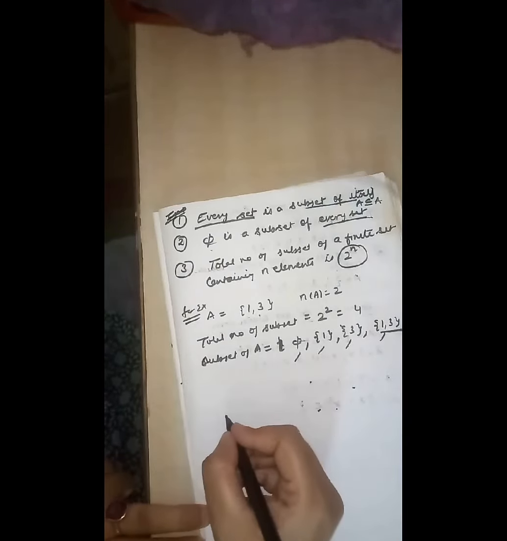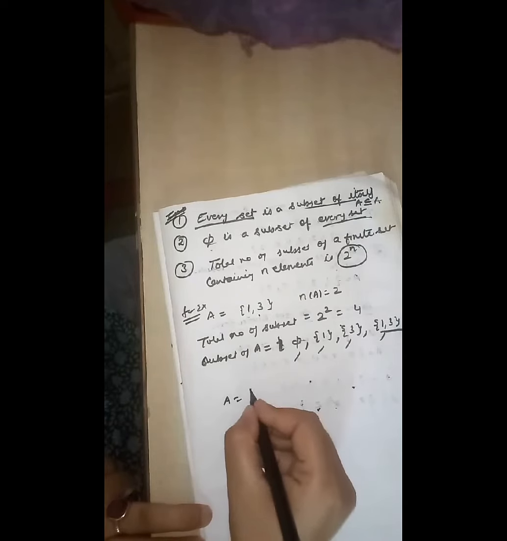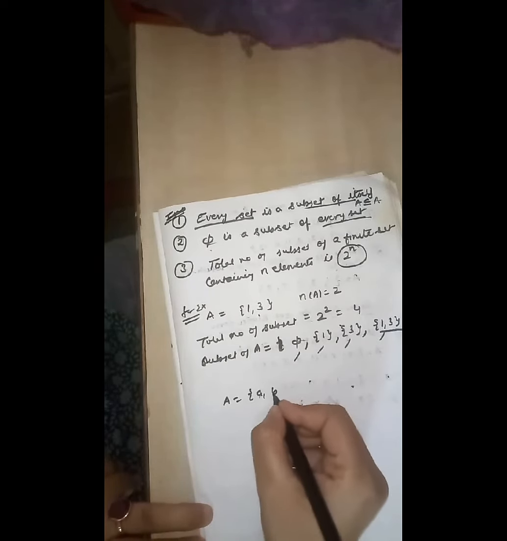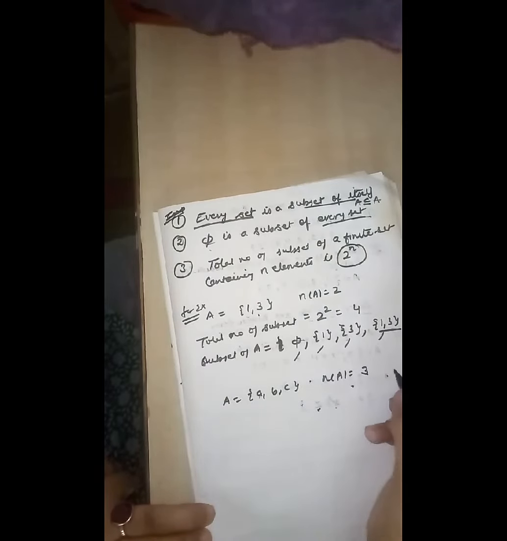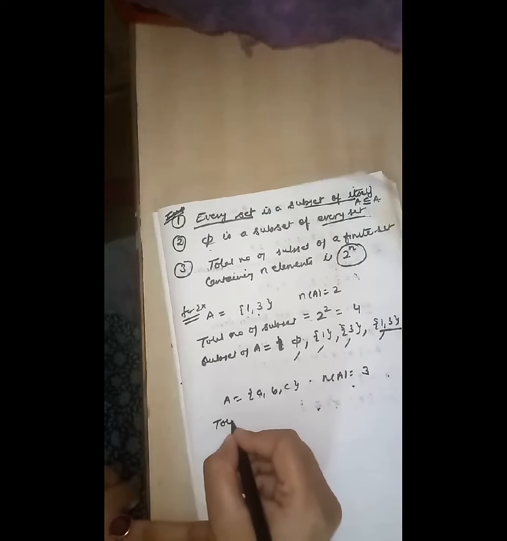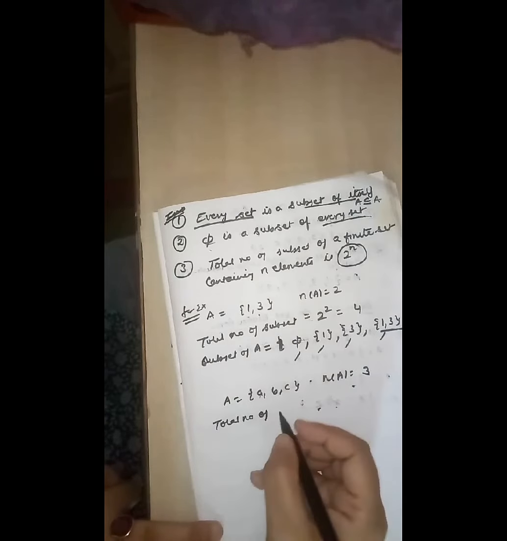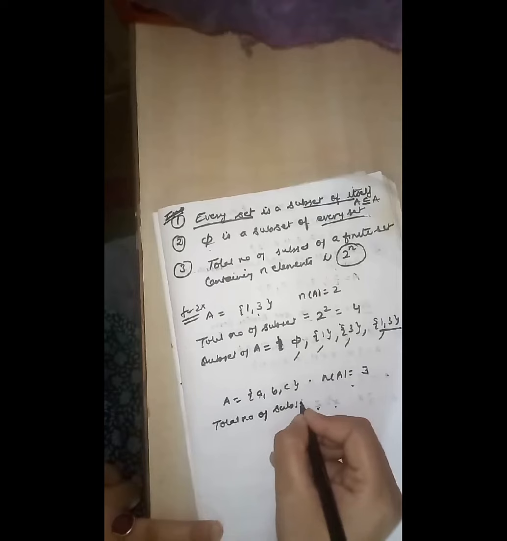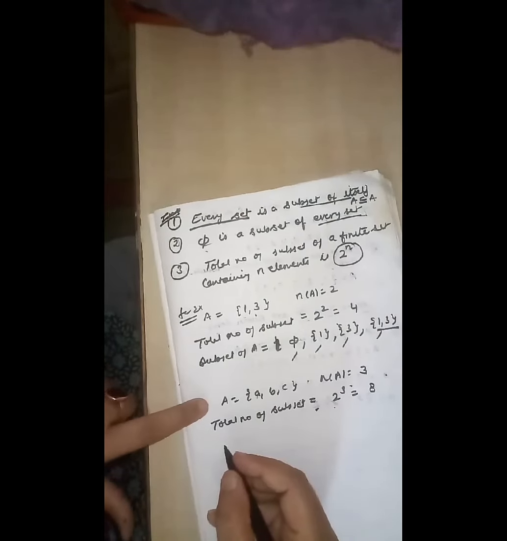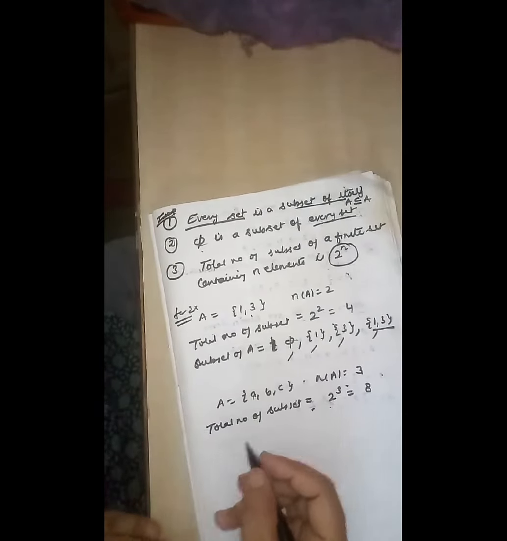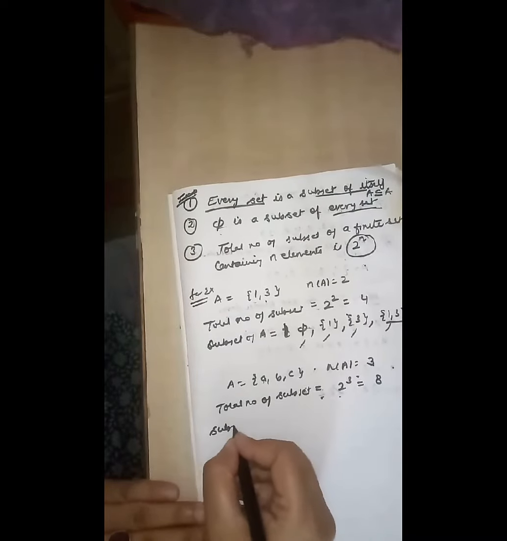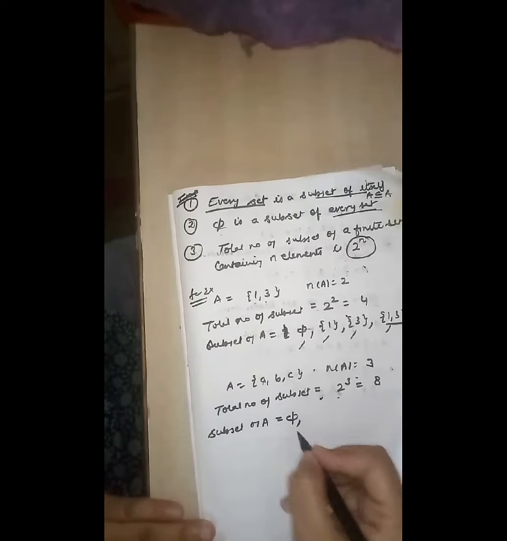Now taking another example, take A equal to {a, b, c}. Here the number of elements is 3. Now total number of subsets is 2 to the power 3, it means 8. It means this set has 8 subsets. Which ones? Now find them. Subsets of A. First one is phi, as you know.